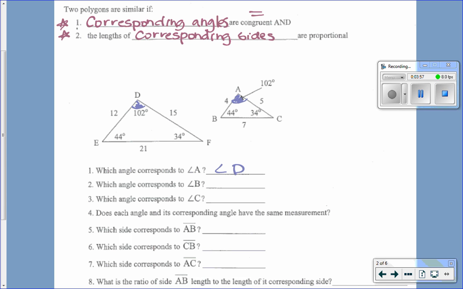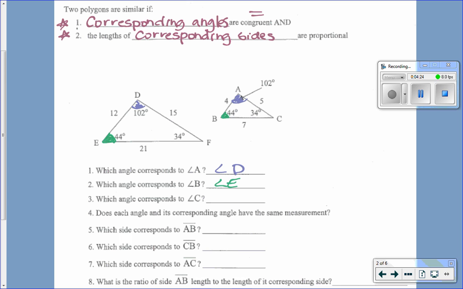Which angle corresponds to angle B? Good. Angle E. Why? How do we know angle E corresponds? Their angles are congruent. Good.